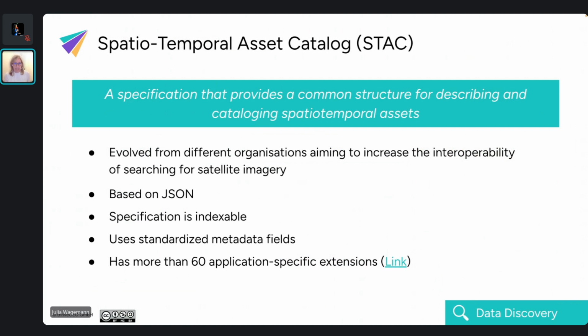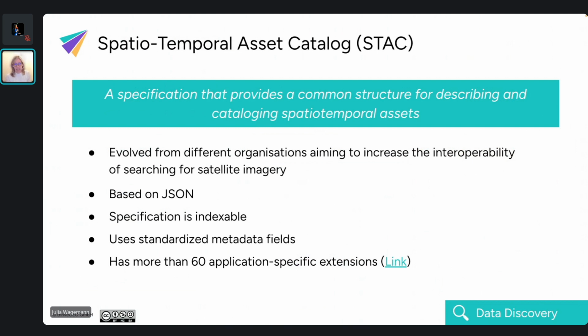The Spatiotemporal Asset Catalog, abbreviated STAC, is a specification that provides a common structure for describing and cataloging spatiotemporal assets. It is based on JSON, it is indexable, and it uses standardized metadata fields.